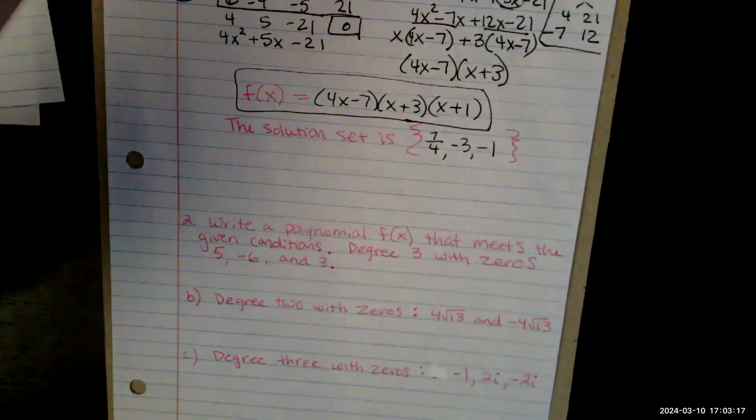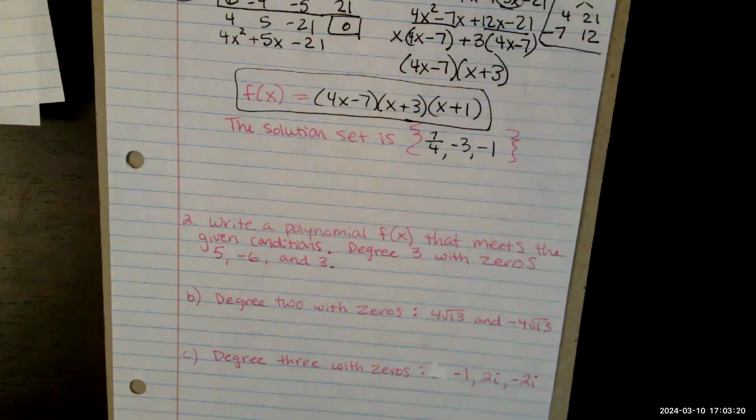Okay? So finally, write a polynomial, f of x, that meets the conditions. It's degree 3, so again, there should be 3 x's in there at some point, with zeros 5, -6, and 3.